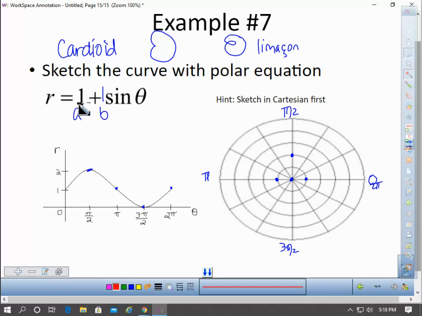The a number is how far out this goes on either side from the little pinched in piece. So I know this cardioid goes out 1 unit on either side of where it dimples in. Then the length here is your a plus your b. So I know this is going to be a length of 2, and these are going to be lengths of 1 on either side. So looking at this picture I have right here, I know that this is going to look like this.